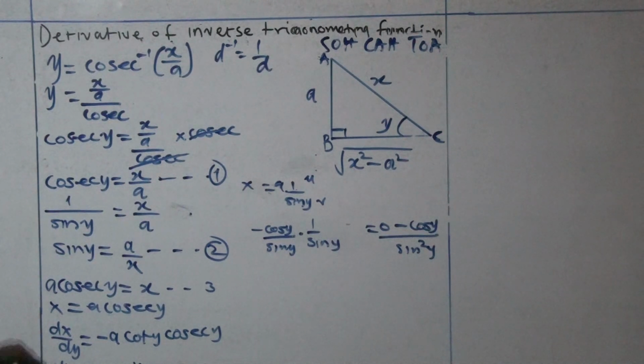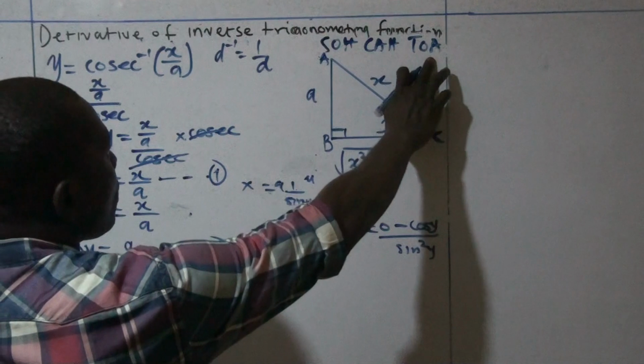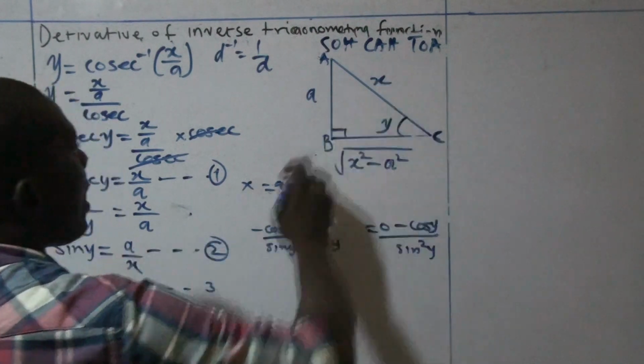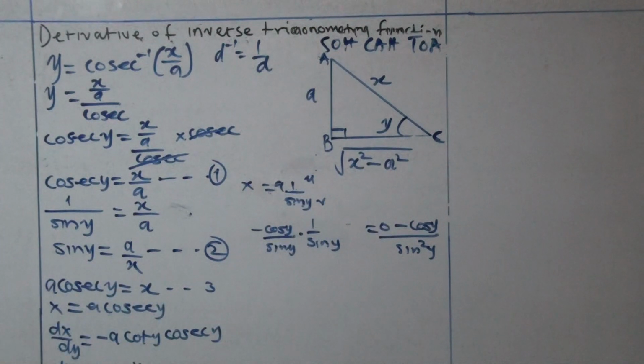Cot here is the inverse of tan. Let us now find tan. Tan is opposite over adjacent.